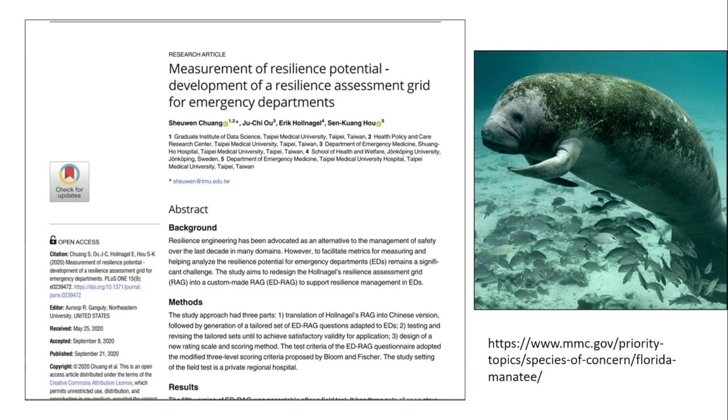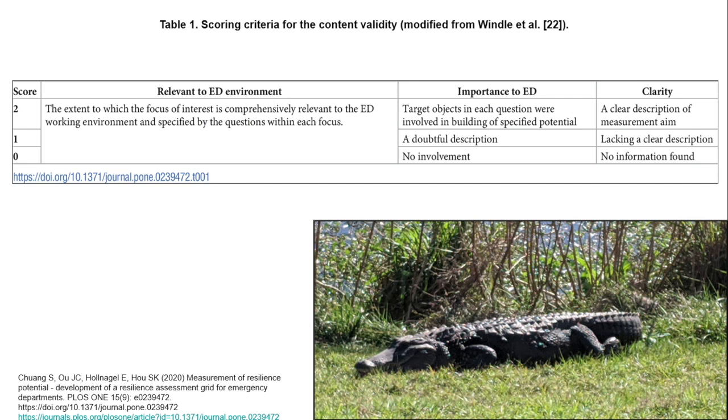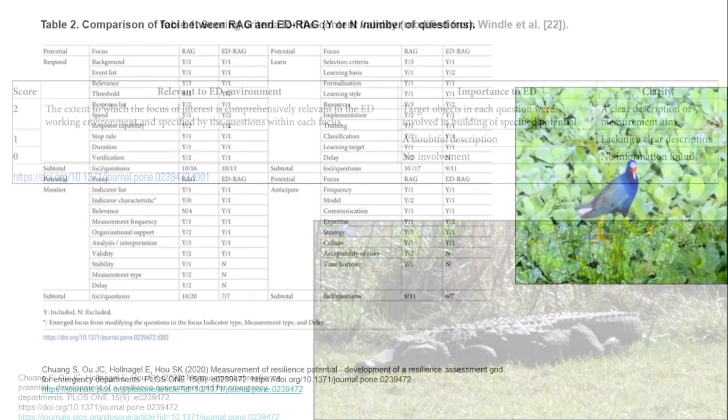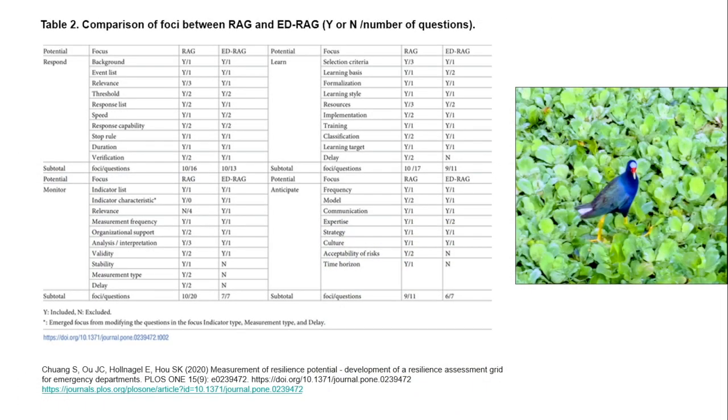As we talked about, the questions need to be relevant to the system. So they looked at the content of each question within each facet, within each potential, and ascribed whether it was important to the ED and whether it was clear or required clarification. And Shuen, if I miss anything or get it wrong, please correct me.